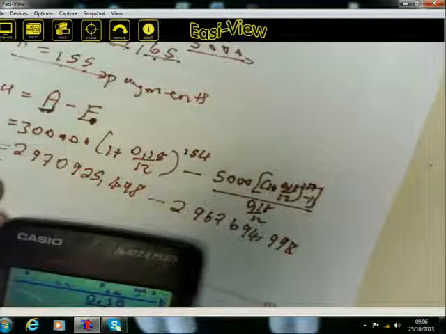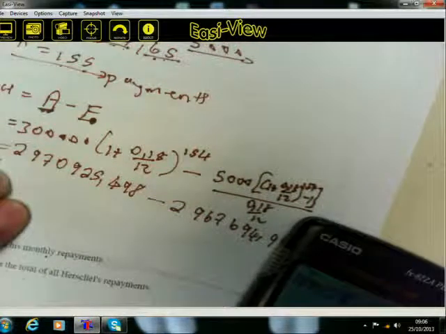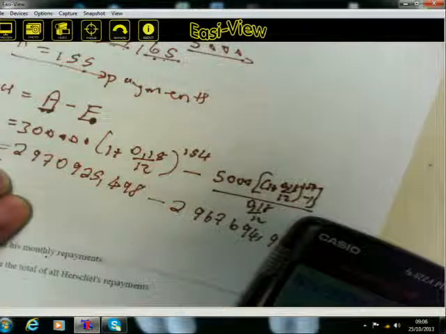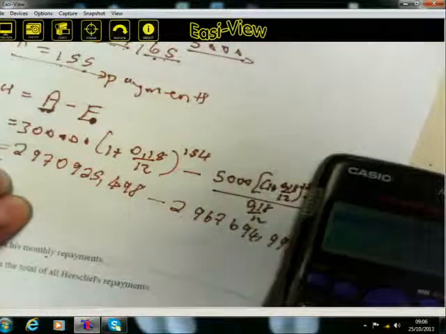Right, now what do we do now? You must find the difference between the two. Of course, minus this 2,970,925.498. Each and every time you must check if what you have given the calculator is corresponding, right?